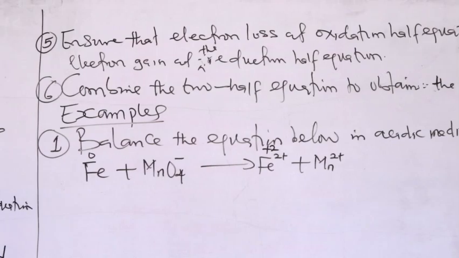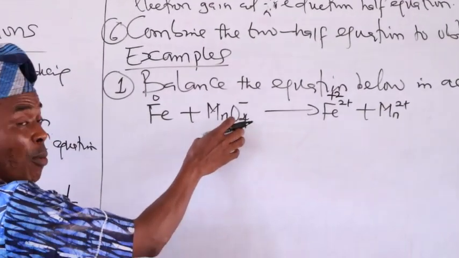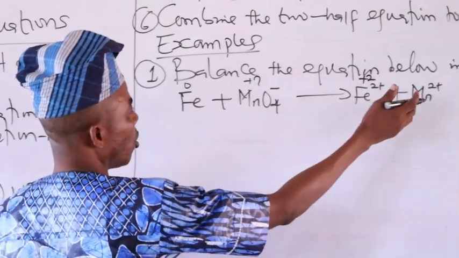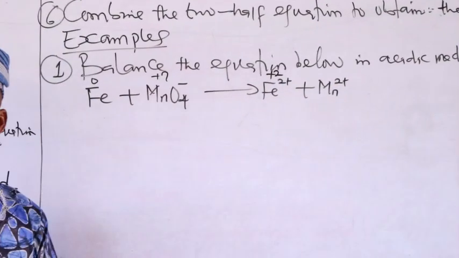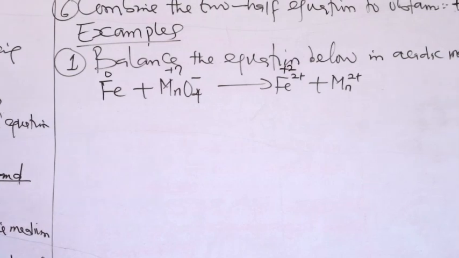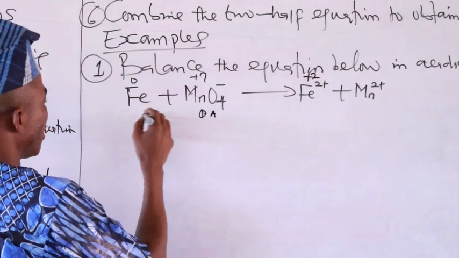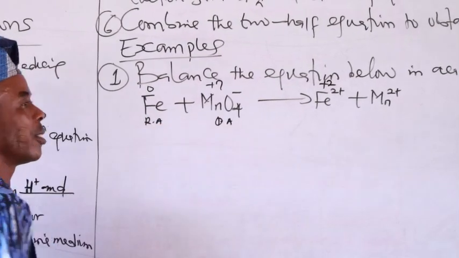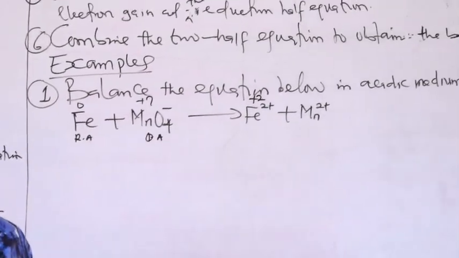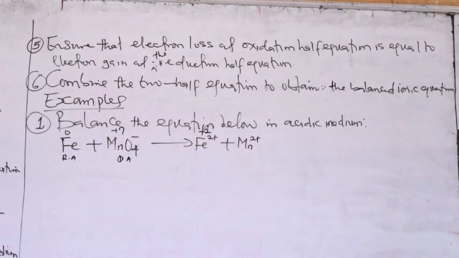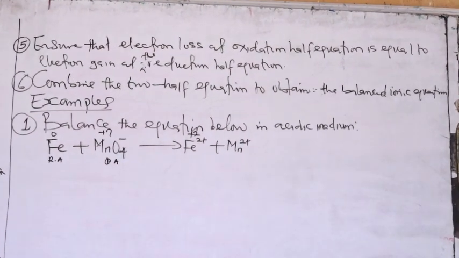Now, if you look at manganese here, what is oxidation number of manganese here? +7. What happens to the oxidation number? It decreases. That means this is going to be what? Oxidizing agent, and this is reducing agent.